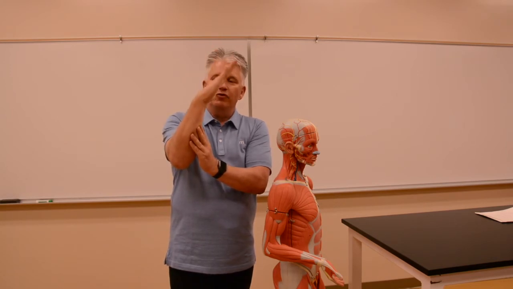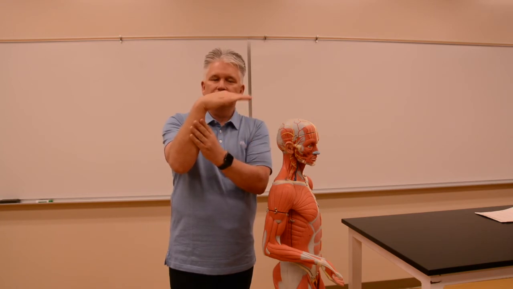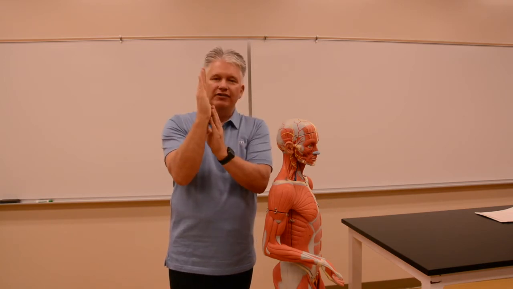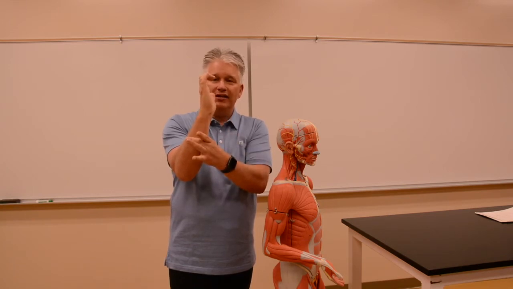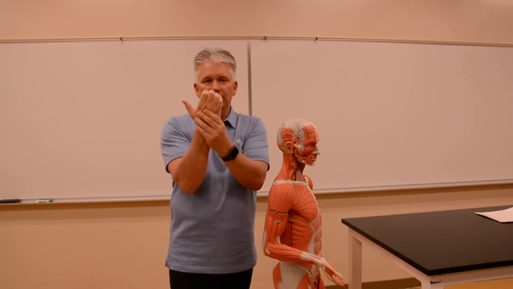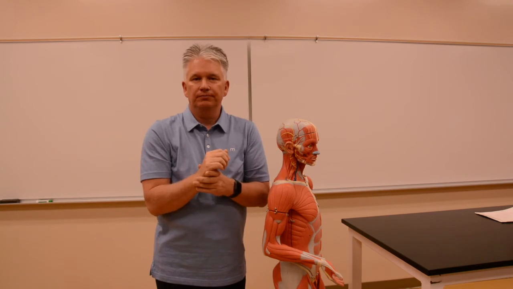So how can I move my wrist and yet I'm not moving my fingers? How can I move my metacarpal phalangeal joints and yet not move my interphalangeal joints? How can I move my interphalangeal joints and yet I'm not moving my wrist and I'm not moving my metacarpal phalangeal joints? This isolation of movements is because of what we call fixation.